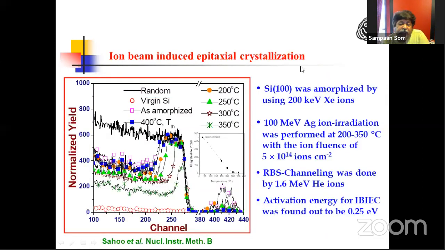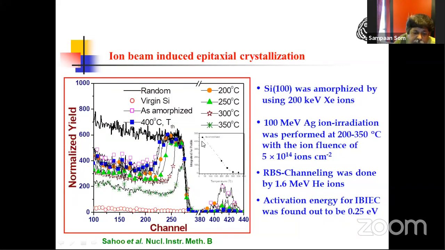Now, the next example is ion beam induced epitaxial crystallization. Okay, the random corresponds to the sample with which we started, the silicon sample. Virgin is the example we have just seen, the red circles. So before doing any treatment, this happened. When we amorphize the sample, you can see the signal came down drastically with the stipulated width, as we saw through the schematic in the last slide.